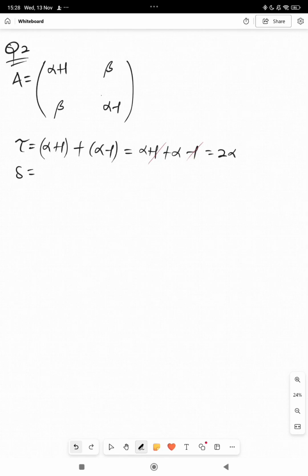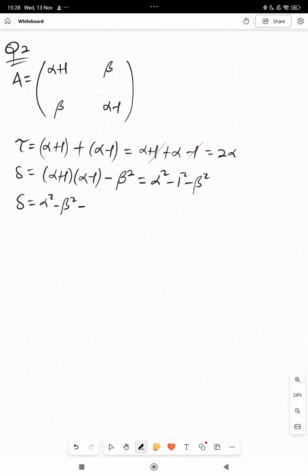And for our delta, we will have alpha plus 1 times alpha minus 1, minus beta squared. So we're going to factorize this: alpha squared minus 1 squared minus beta squared. So our delta is alpha squared minus beta squared minus 1.